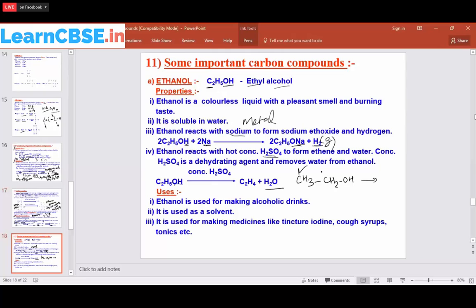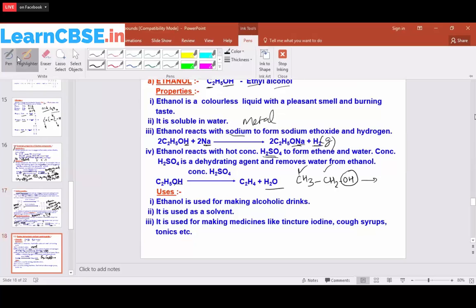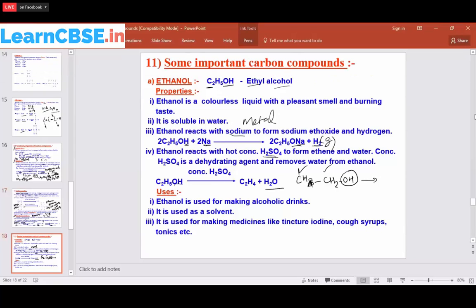So there are two carbon atoms present. So from this carbon atom we are removing the one OH. Okay, I'll just write like this way: hydrogen, hydrogen, and one more hydrogen here.